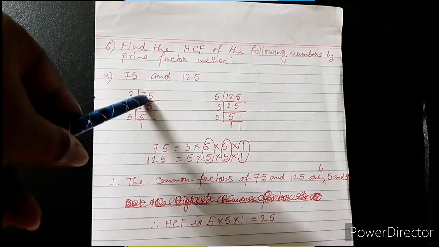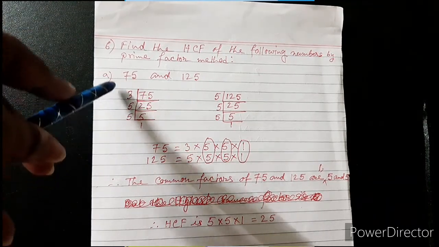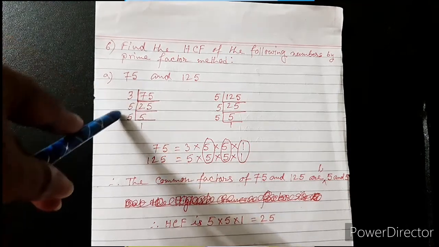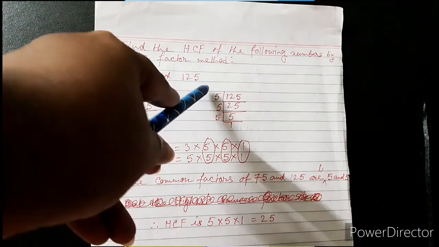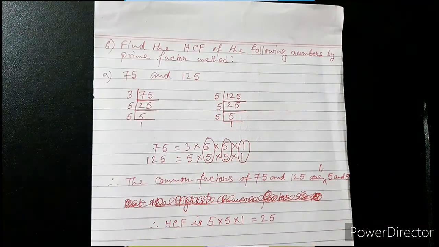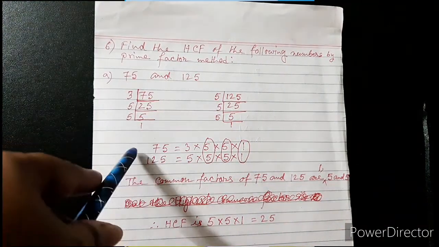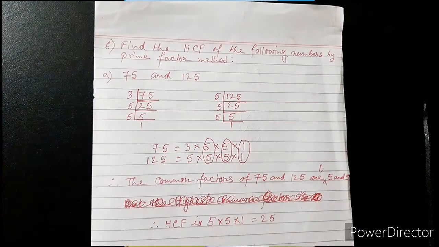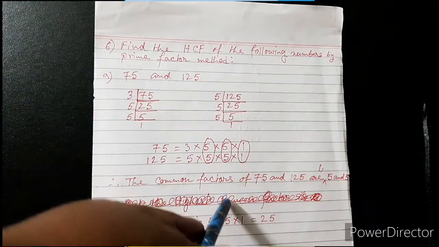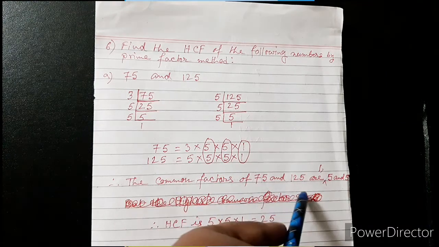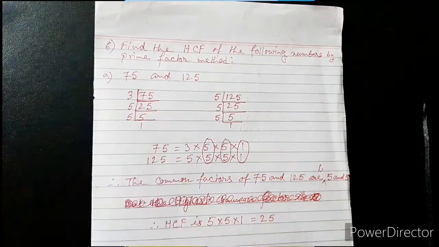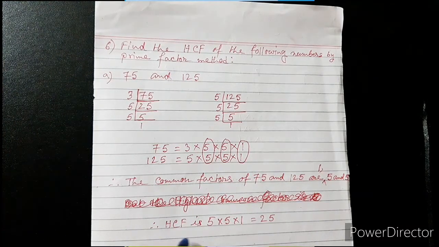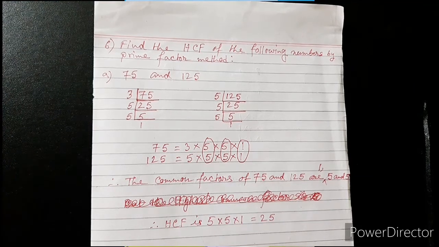The factors of 75 are 3, 5, 5, 1 and the factors of 125 are 5, 5, 5, 1. So, we write here. Next, the common factors of 75 and 125 are 1, 5 and 5. So, the HCF is 5 into 5 into 1 equal to 25.